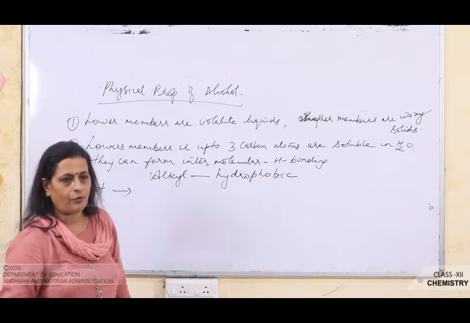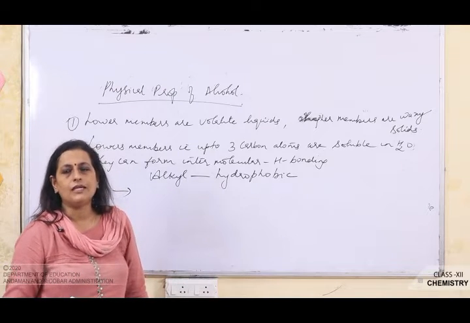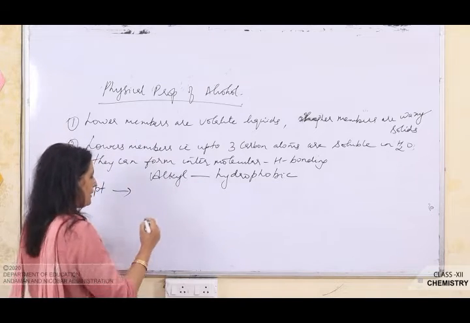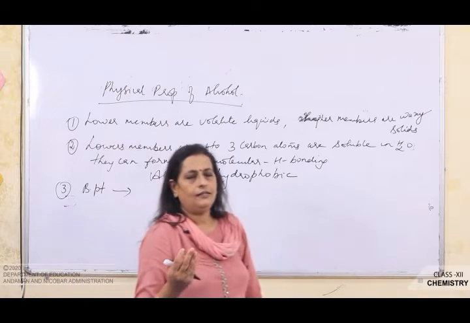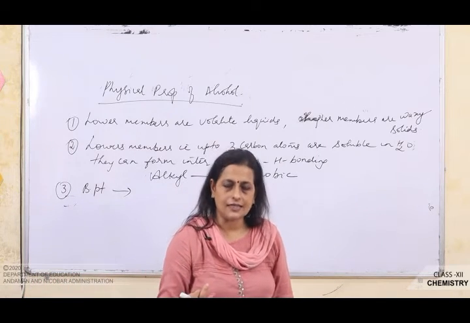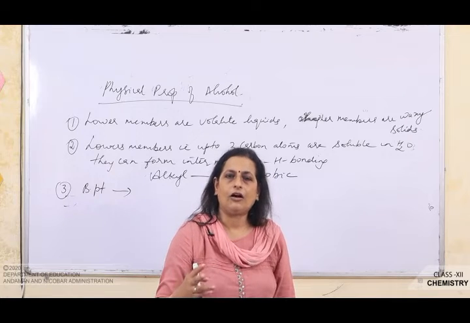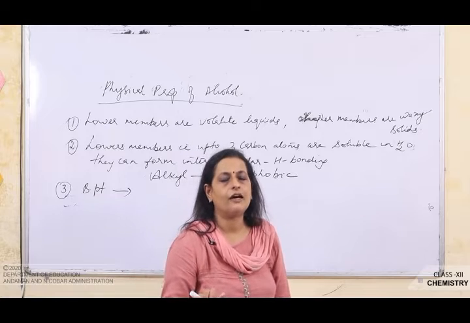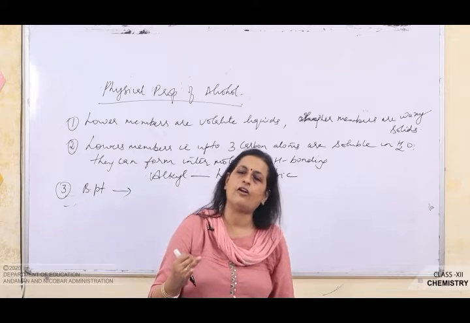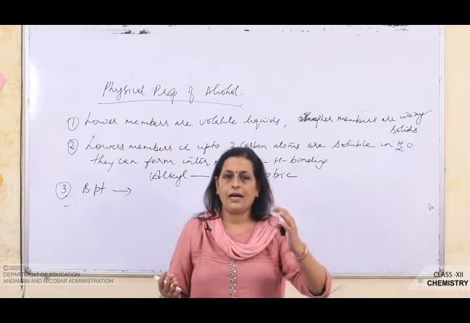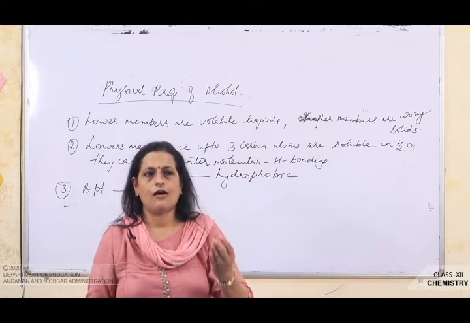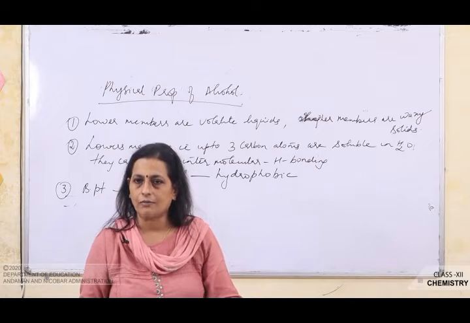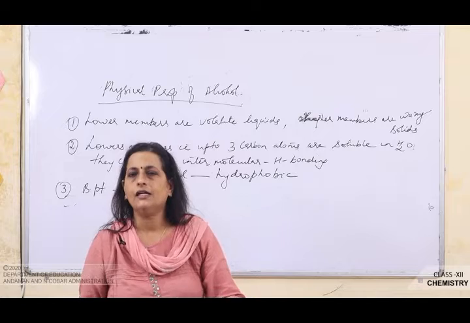Then the third one is boiling point. Alcohols have high boiling point. Why? Alcohols can form intermolecular hydrogen bond, so the boiling point is high. When you compare alcohols with haloalkanes, hydrocarbons, ethers, aldehydes and ketones of the same molar mass, alcohols will have higher boiling point.